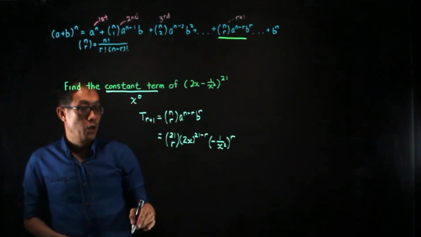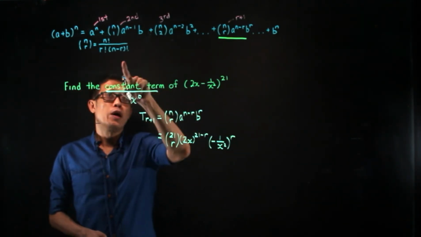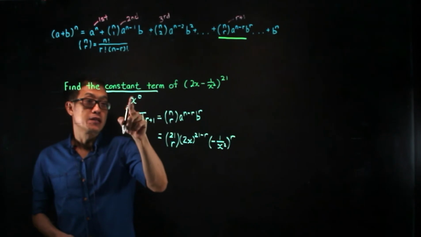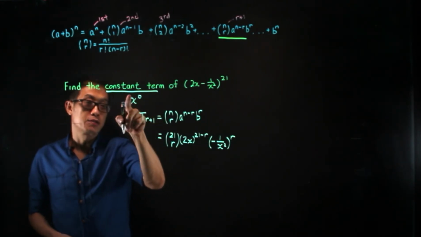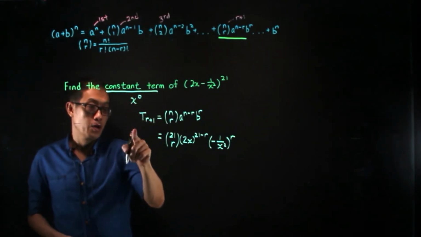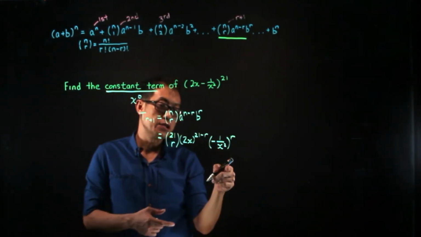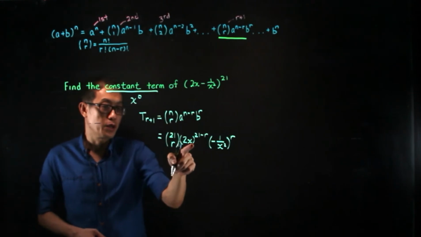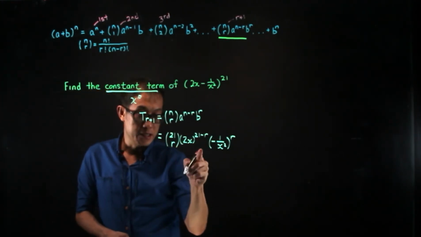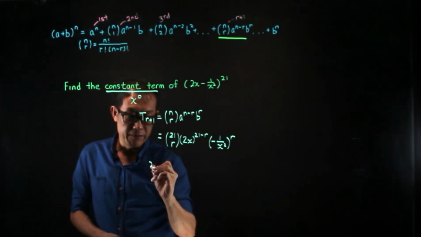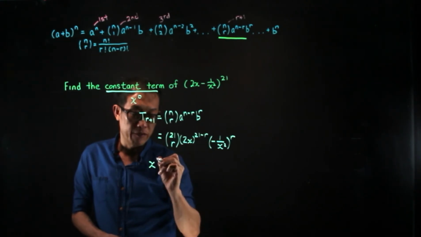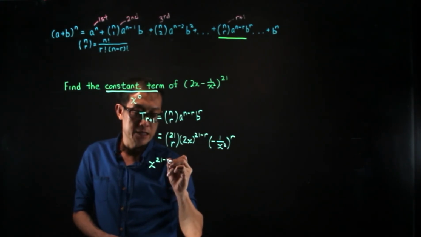Now, you want independent, that means the x must be to the power of 0. Look at this. What are the resultant powers of x? Look at just this term. This term will give me x to the power of 21 minus r.